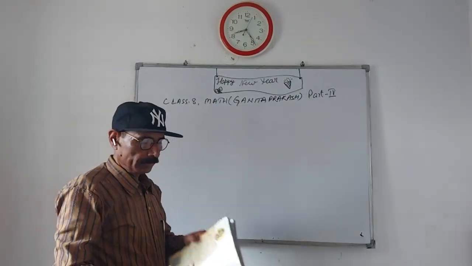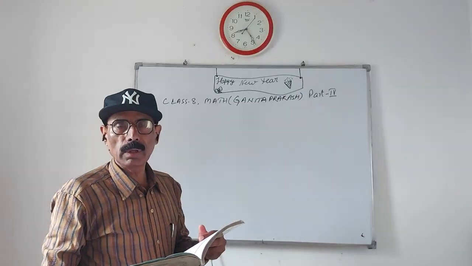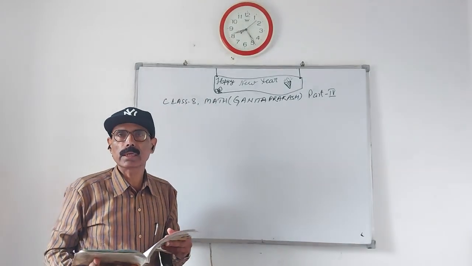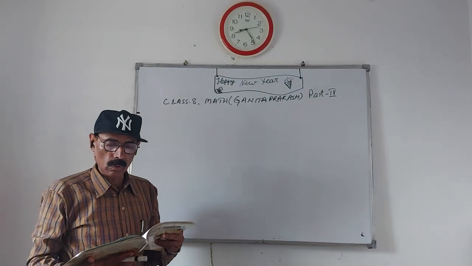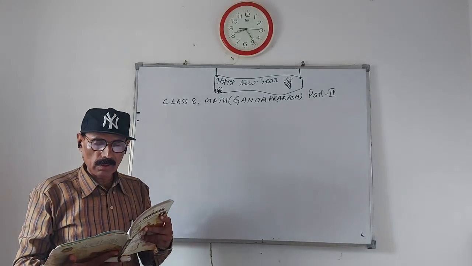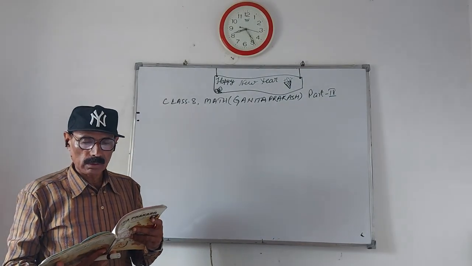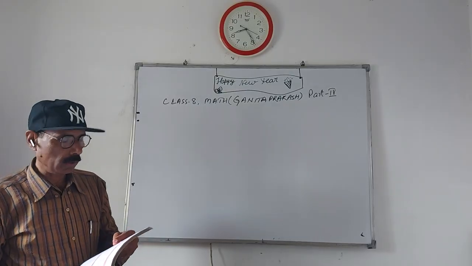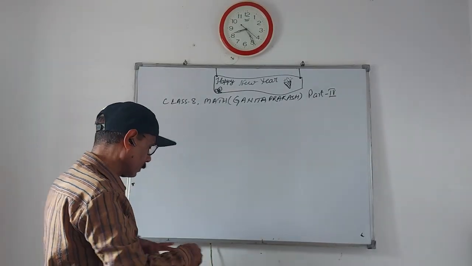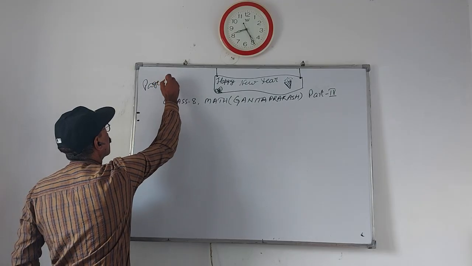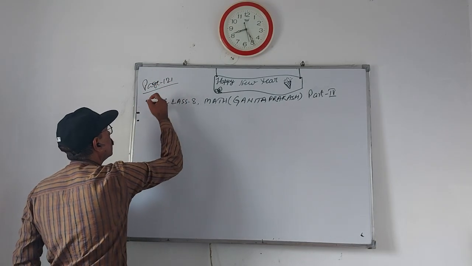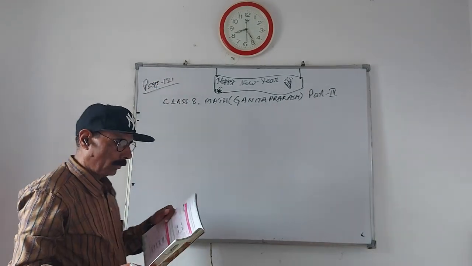Today again we are on Number Play, Class 8, Ganita Prakash, and this video is part 4, page number 121. Up to question 7 we have done. Up to page 121, question 7 is finished.